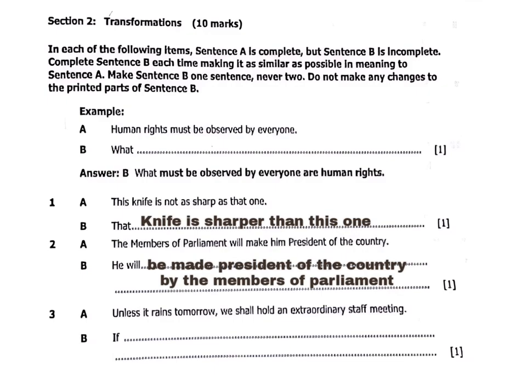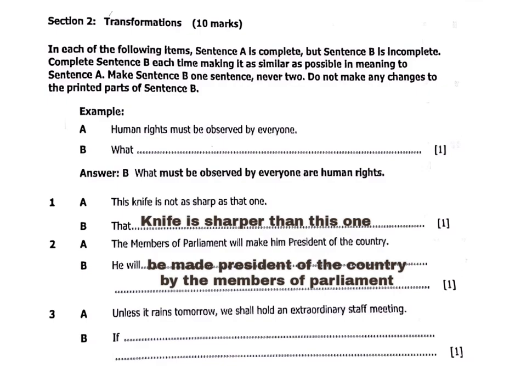Then as for question 3A, it is saying, unless it rains tomorrow, we shall hold an extraordinary staff meeting. Unless means if not, and unless is a negative word, while if is a positive word. This one is coming from conditional sentences.